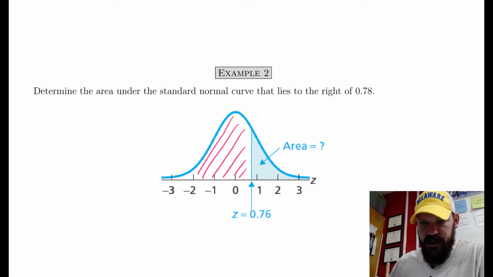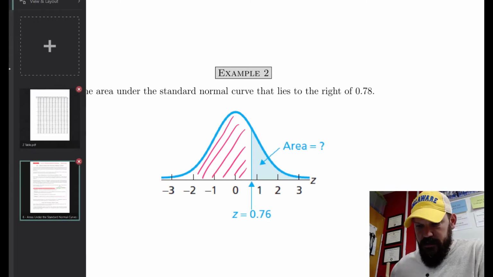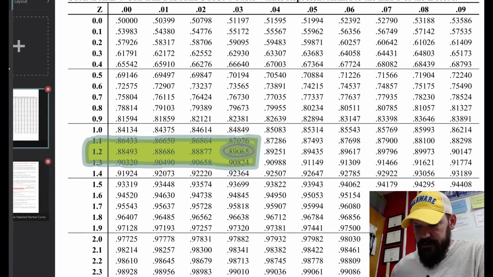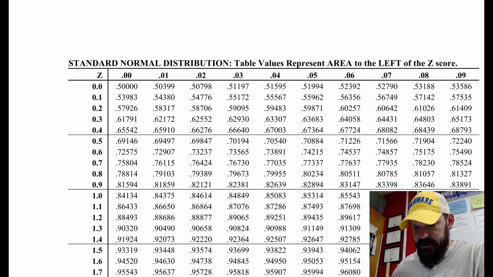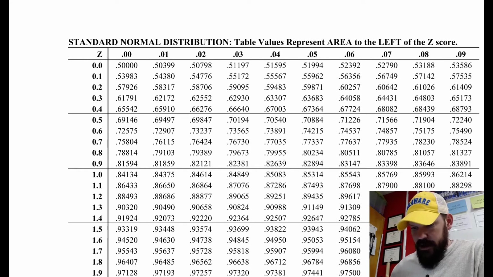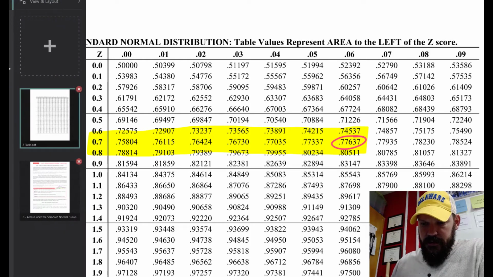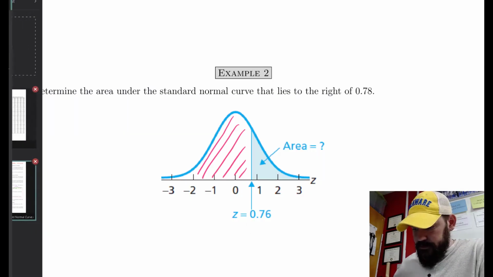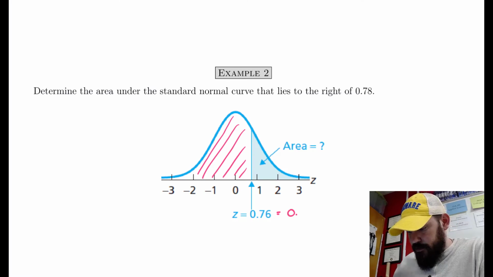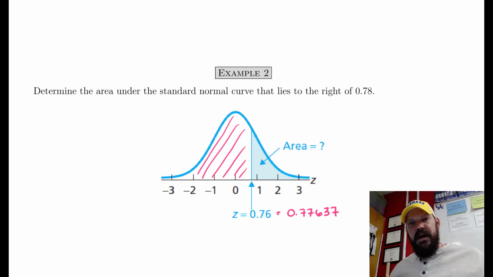So let's go to our table and find that. It is a positive value, so 0.76. Right here we have 0.7. We're going across to 0.06. It's 0.77637. But keep in mind, that's the area that lies to the left of that value.